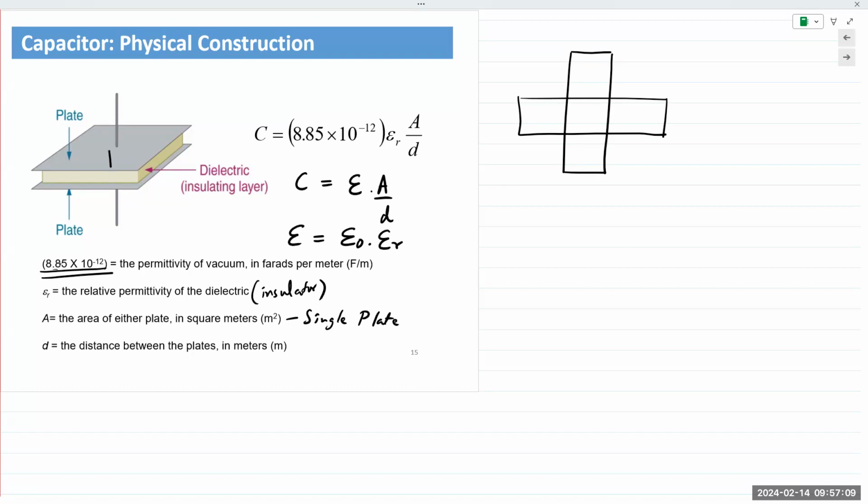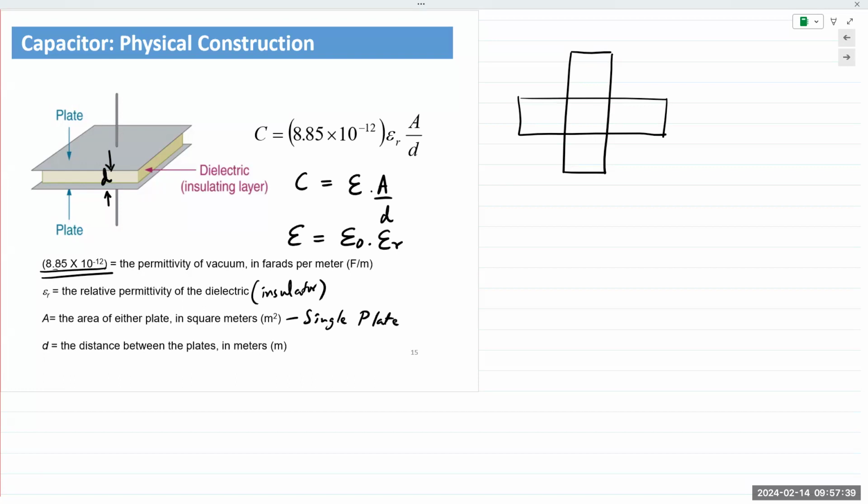So this is D, depending on how close or far apart the plates are. Obviously, it's inversely proportional. I mean, the farther apart your plates, the lower your capacitance, the closer they are together, the higher the capacitance. That's why with electrolytic capacitors, as I said, you have a long rectangular strip of conducting material, and they try to make it much thinner.